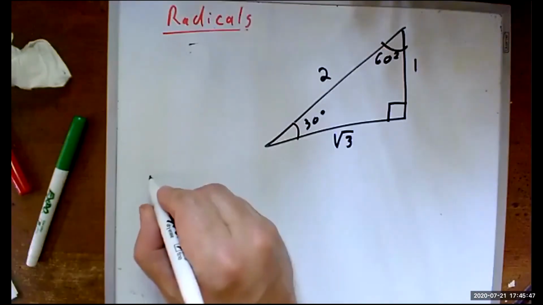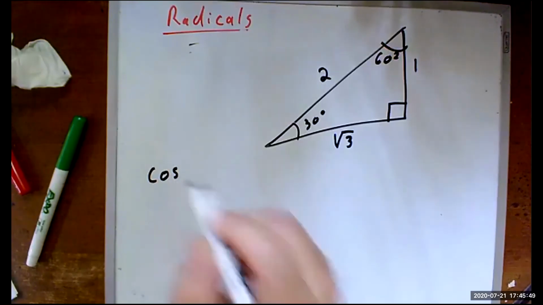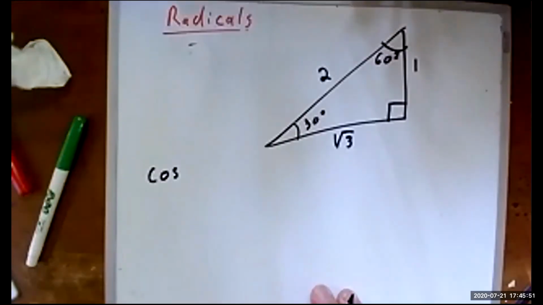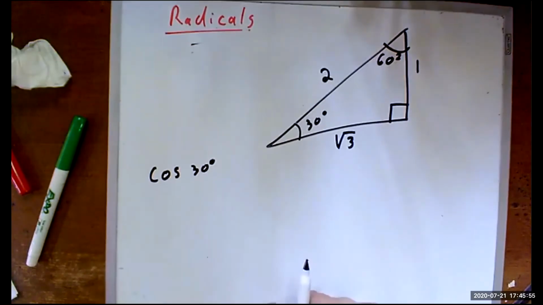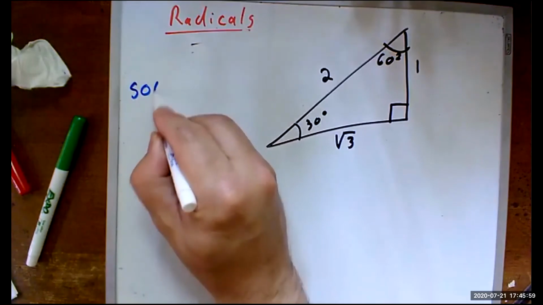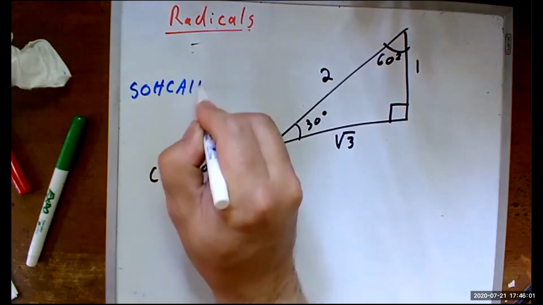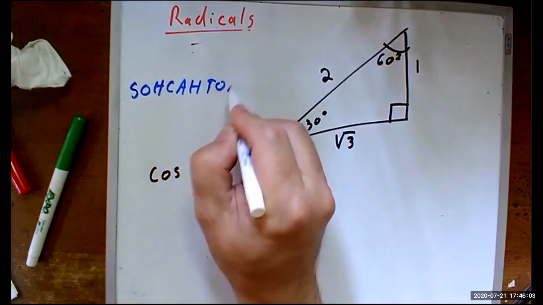Okay, so that's our special triangle. We end up with this root 3. So if you're dealing with, let's say, just for a quick example, cosine of 30 degrees.